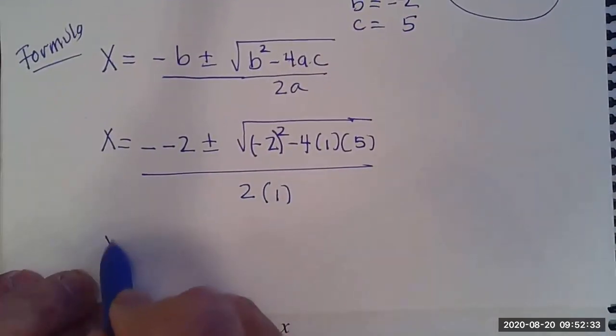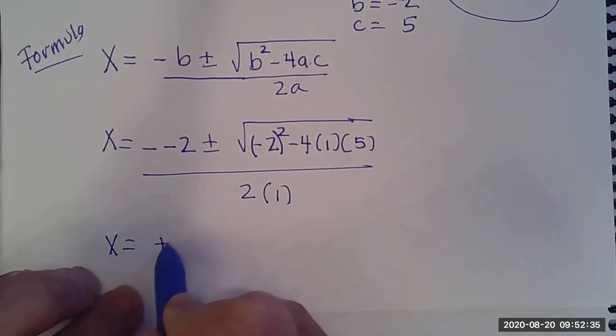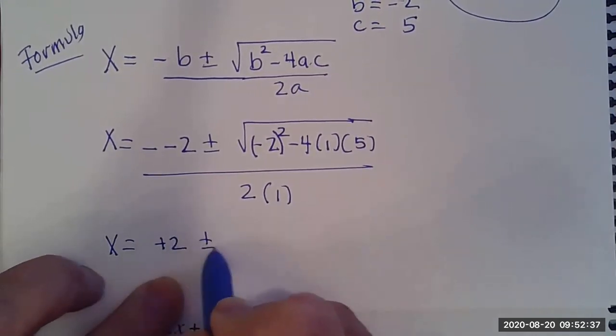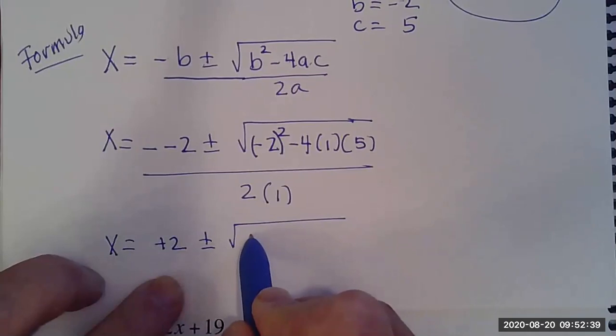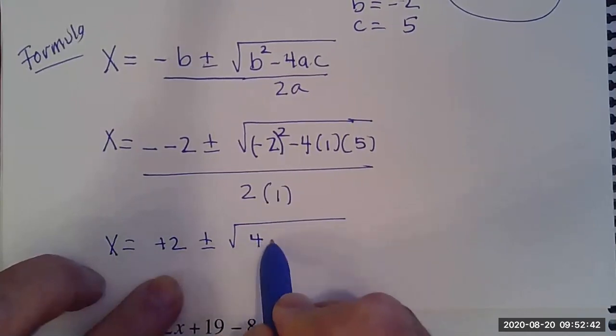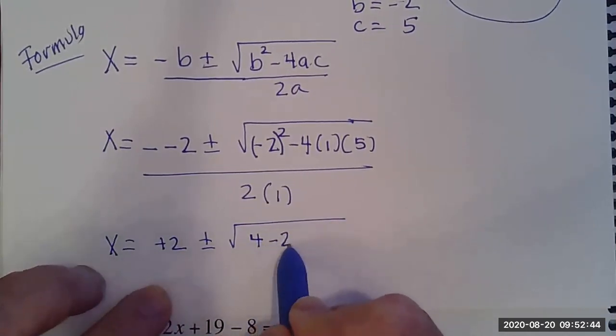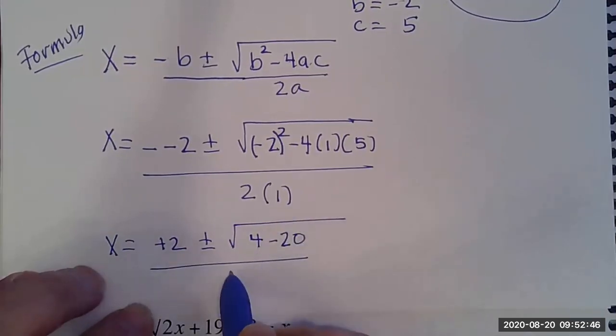And so then you got x equals +2 plus minus square root. What is this, 4? Subtract 20, all over 2.